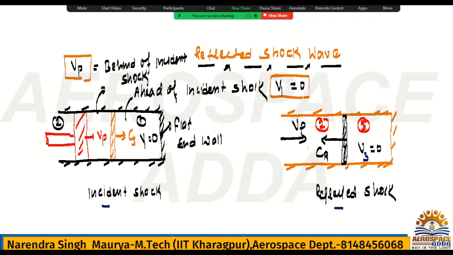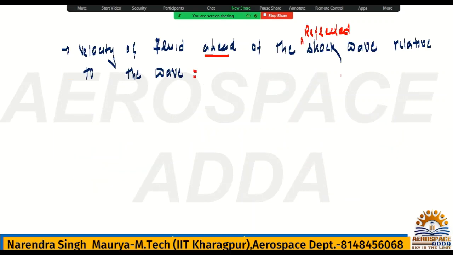For the reflected shock, velocity is what? See, Vp is coming this side, and Cr, which is the reflected shock speed, is coming this side. Both are opposite. If it is opposite, then what will be the relative velocity? It will be Cr plus Vp. If it is going in the same direction, relative velocity will be minus, no?